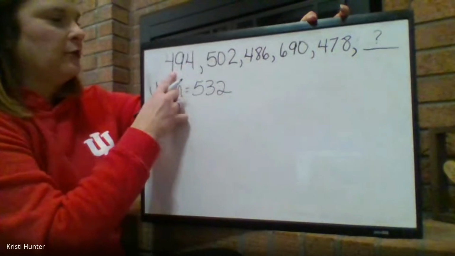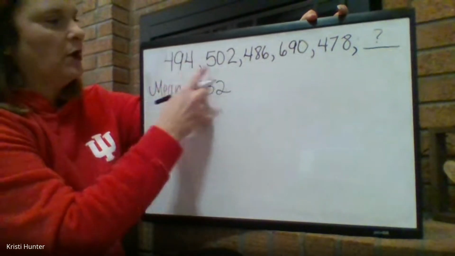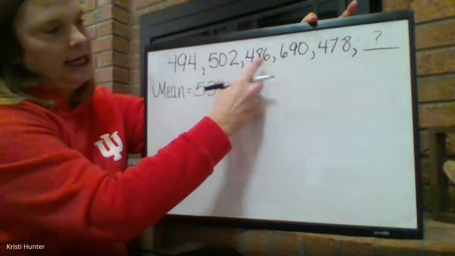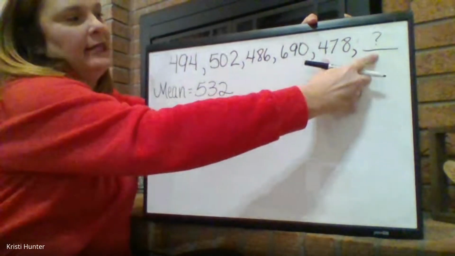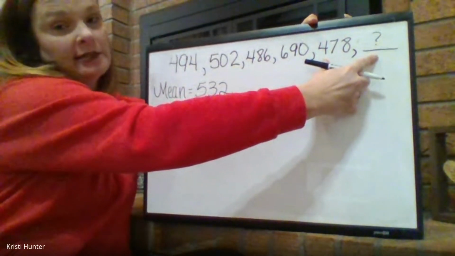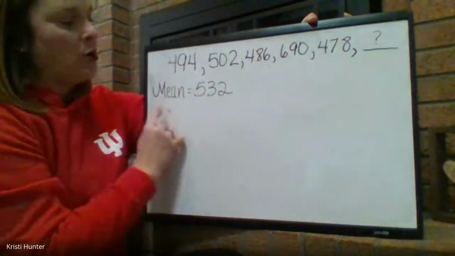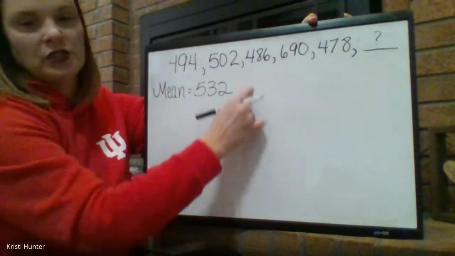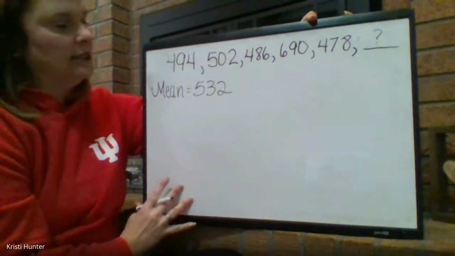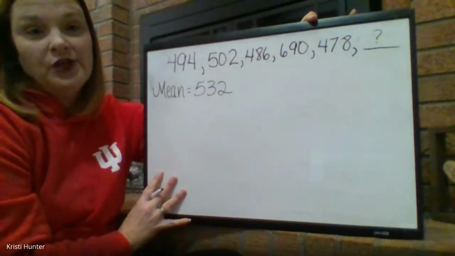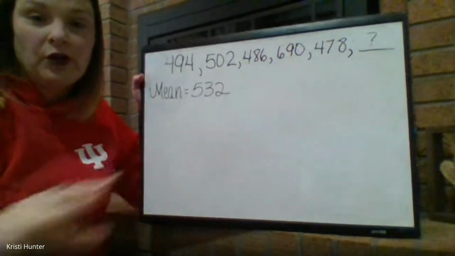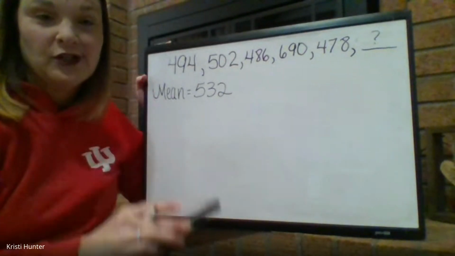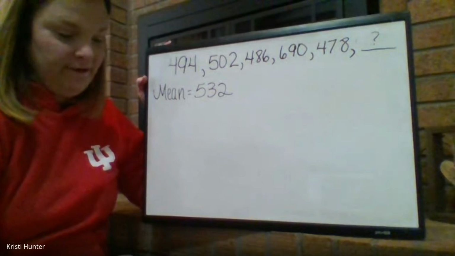And the first school they look at has 494, then 502, 486, 690, 478, and then this is the sixth school. And they know the mean of the schools, the average number of kids in the school, is 532. So those are some bigger numbers, but remember, you can use your calculator. So that's going to be super helpful to you.